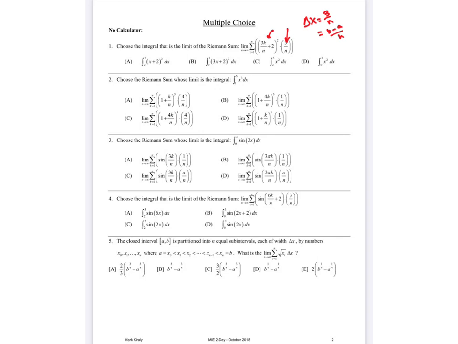The 3k over n plus 2 is my x sub k, which means they started at 2. 2 plus 3k over n, because that 3k over n was delta x times k. So the 2 is an additional 2. That means that a must be 2.